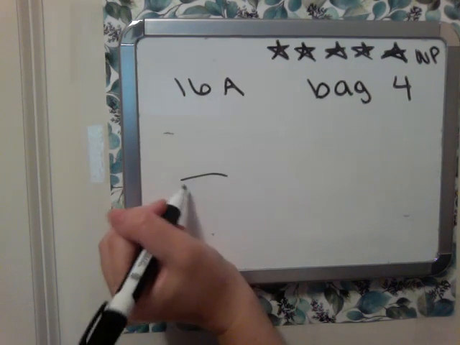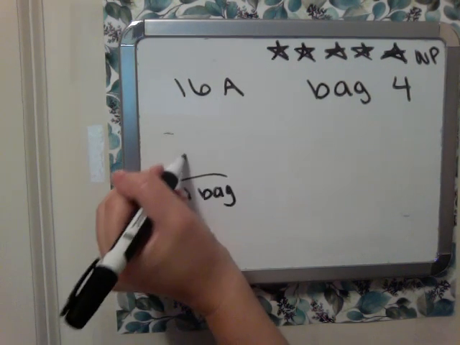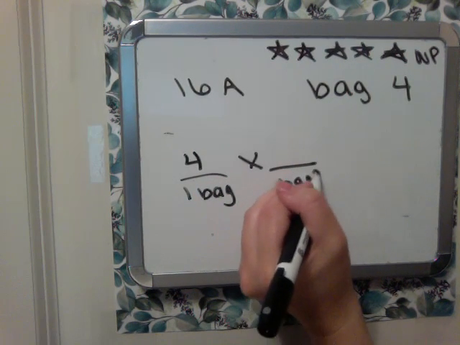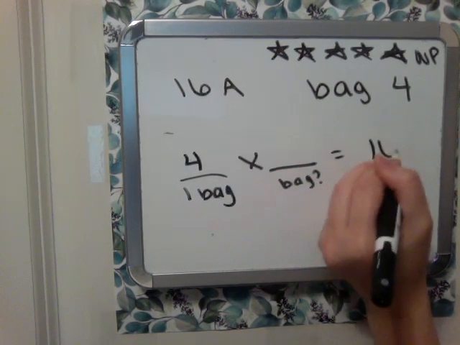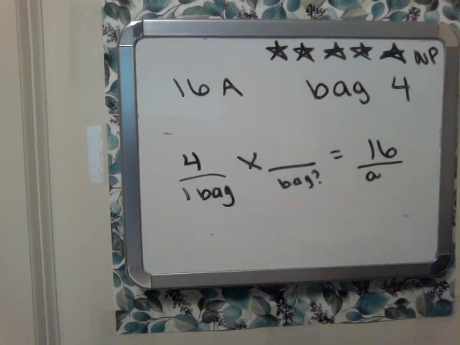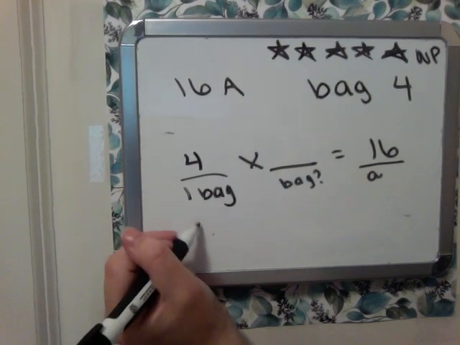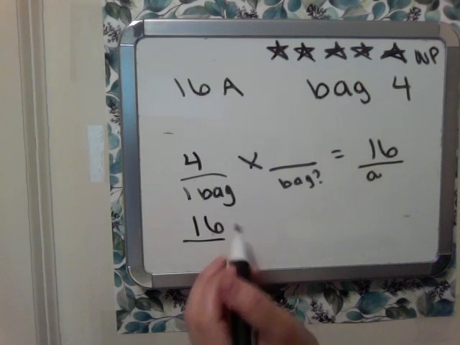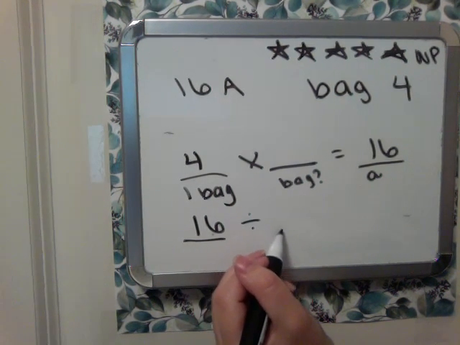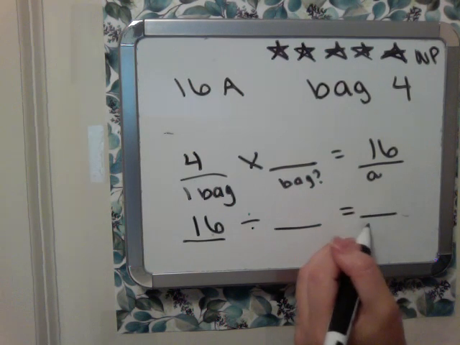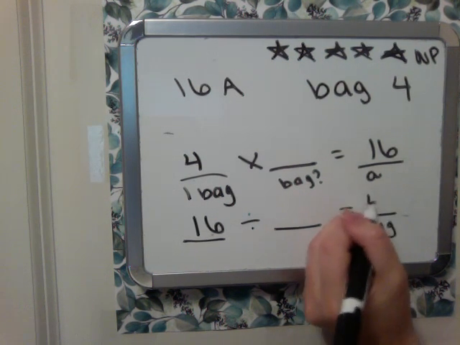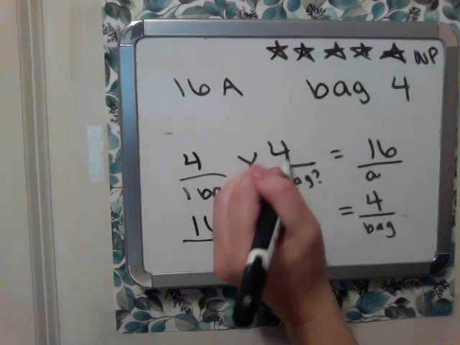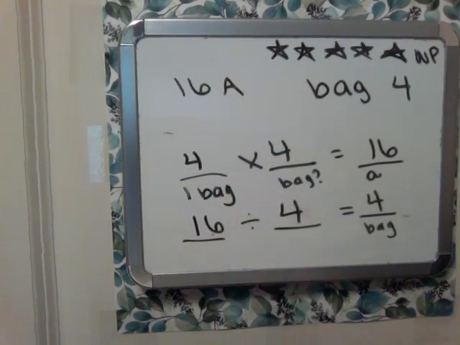So if one bag has 4, how many bags will she need to buy to get 16 apples? Or you could say she needs 16 apples, which is how many bags if each bag has 4. We know 4 times 4 is 16, or 16 divided by 4 is 4.